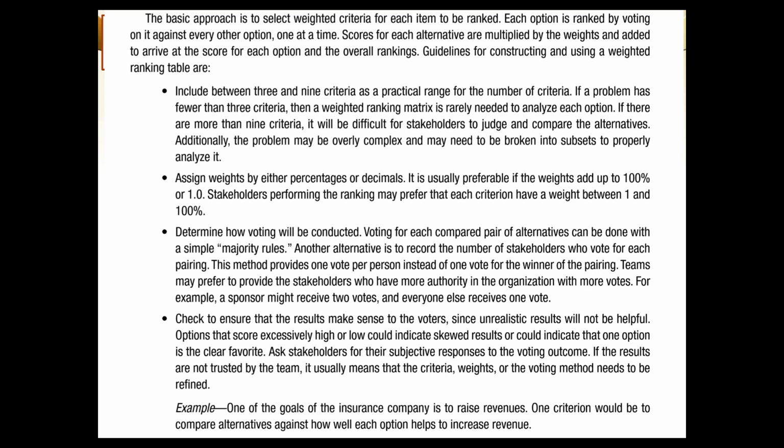Okay. So determine how voting will be conducted. Voting for each compared pair of alternatives can be done with a simple majority rule. Another alternative is to record the number of stakeholders who vote for each pairing. The method provides 1 vote per person instead of 1 vote for the winner of the pairing. Teams may prefer to provide the stakeholders who have more authority in the organization with more votes. For example, a sponsor might receive 2 votes, everyone else receives 1 vote.